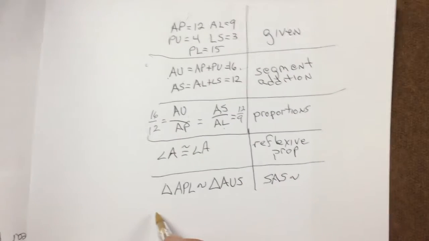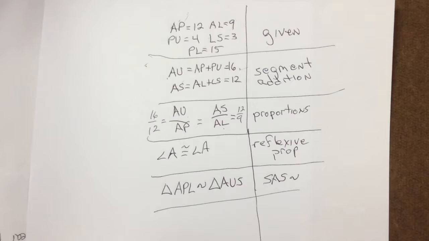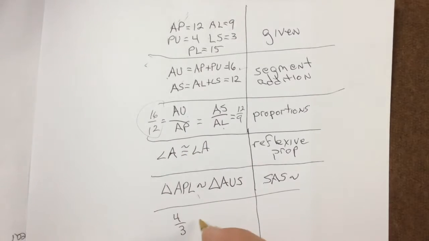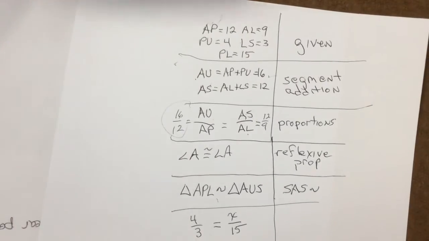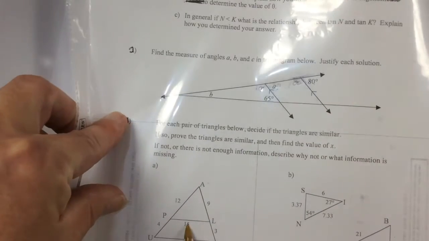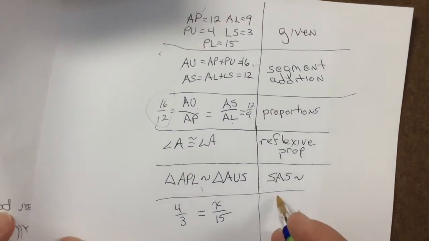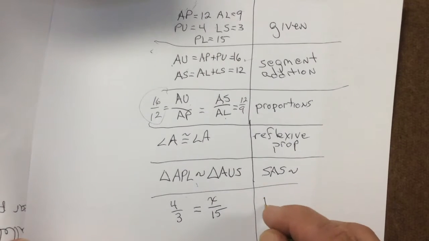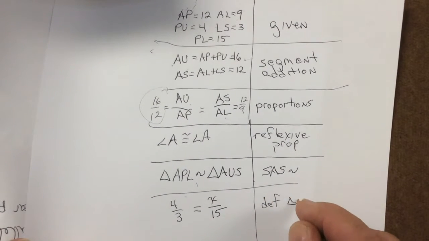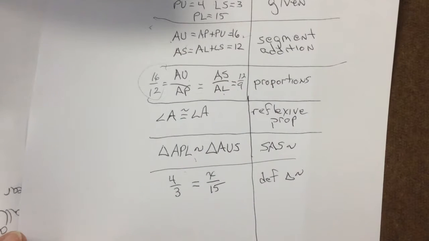Now, since I know that the ratio is 4/3, right? This here is the ratio. That has to equal x over 15. Okay? Because that's the definition of triangle similarity. That's what it means for triangles to be similar.